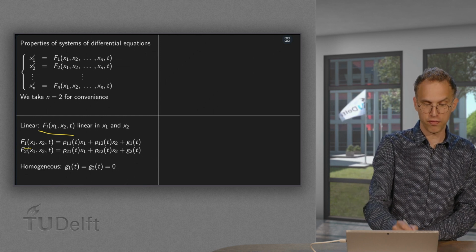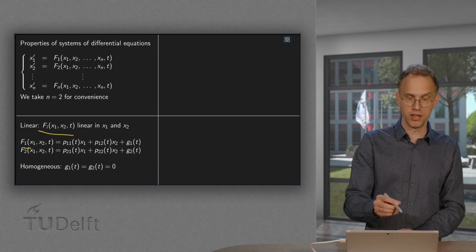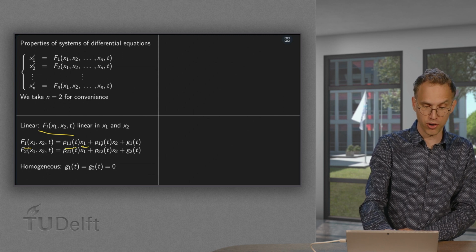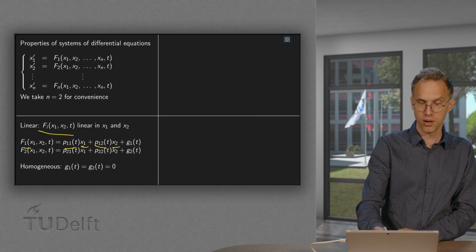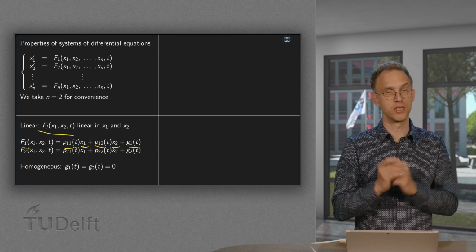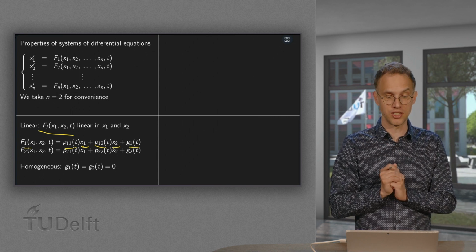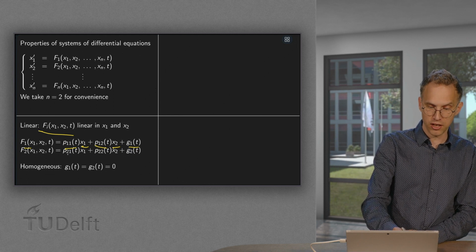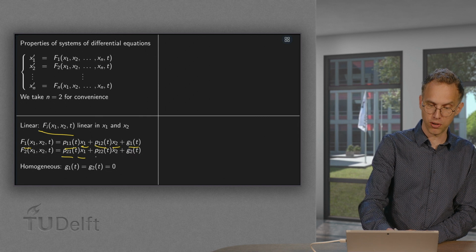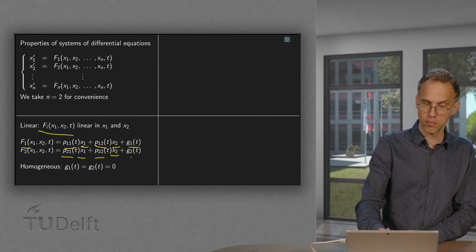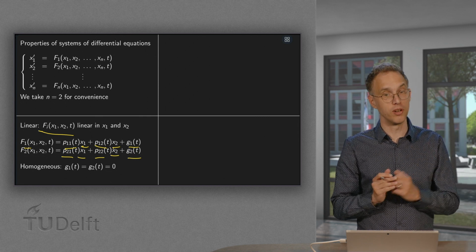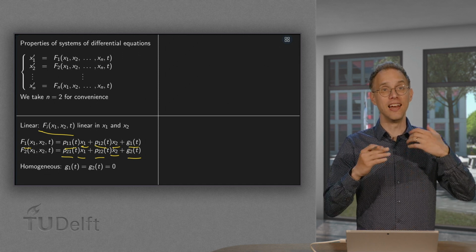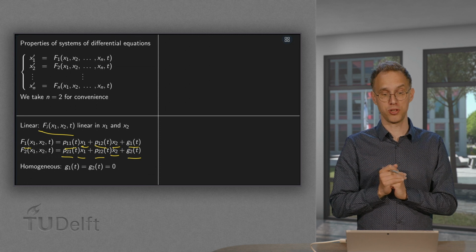Our f1 of x1, x2 and t has to be some function of t times x1 plus some other function of t times x2 plus something which only depends on t. And similarly the second function is some function of t times x1 plus some function of t times x2 plus some other function which only depends on t. That's what linear is. So linear means linear in the dependent variables.